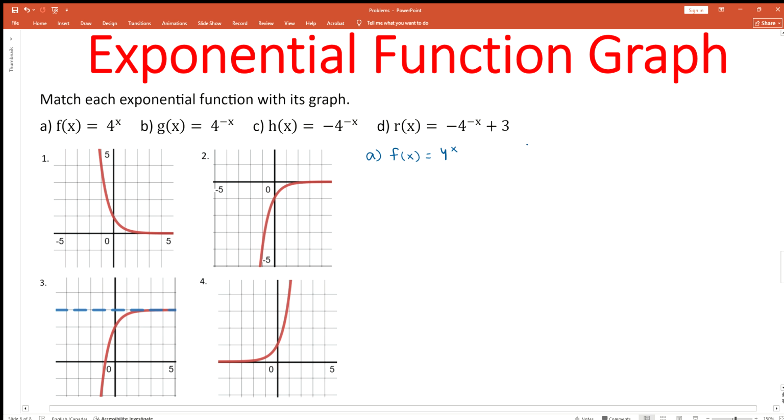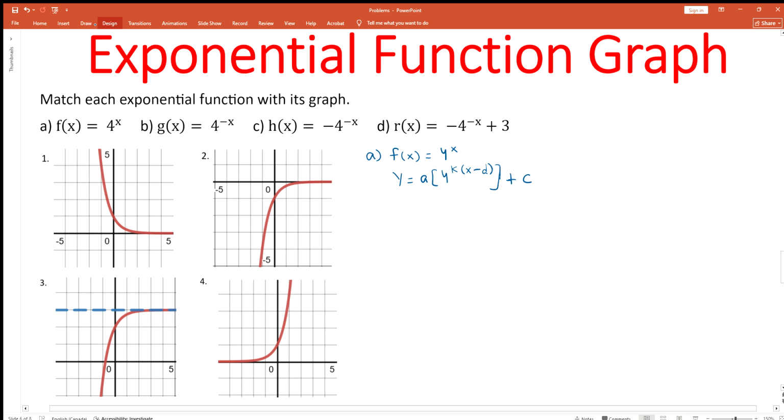The general equation of a transformed exponential function with base 4 is y equals a times 4 to the power k times (x minus d), plus c. Different teachers use different letters for a, k, d, and c, but the resulting transformations are the same.